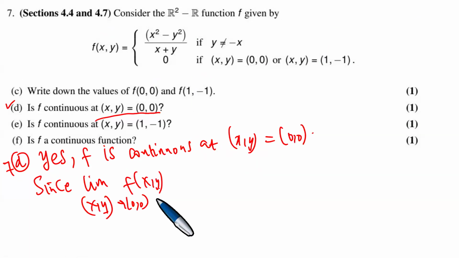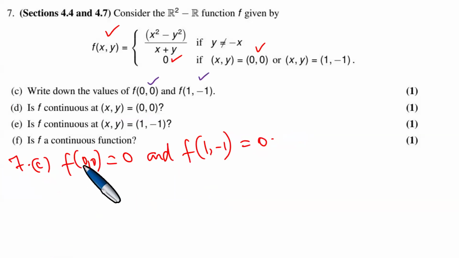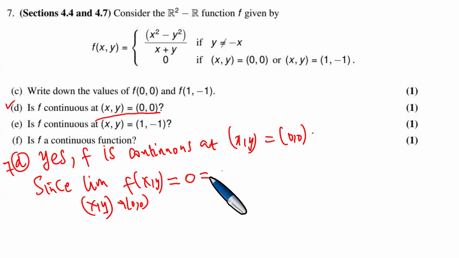This limit is 0. We checked that one. But what is the value of the function at 0, 0? The value of the function at 0, 0 is also 0. So the limit is 0, and the value of the function is 0.